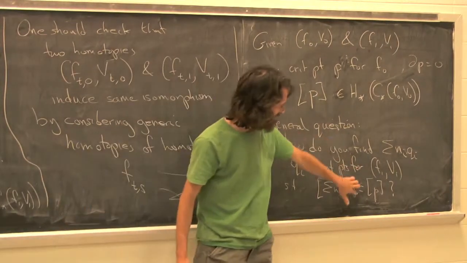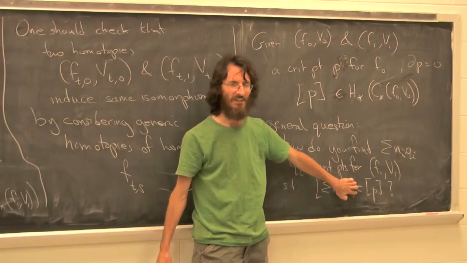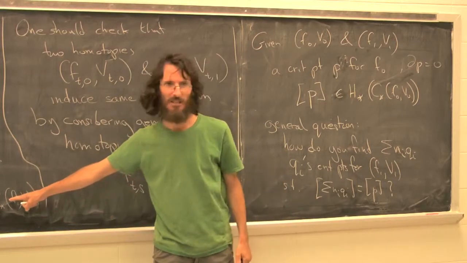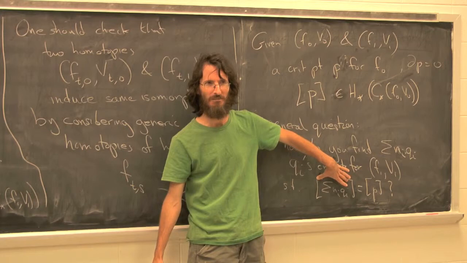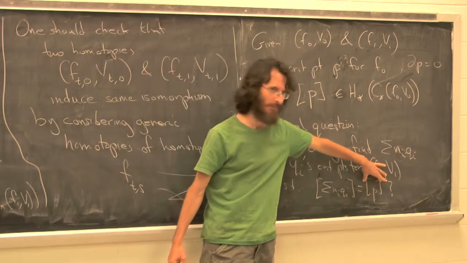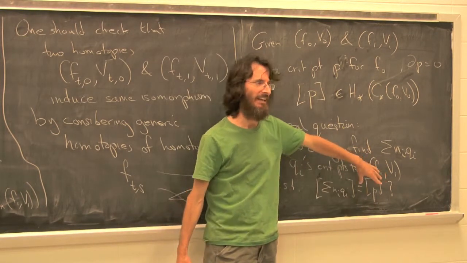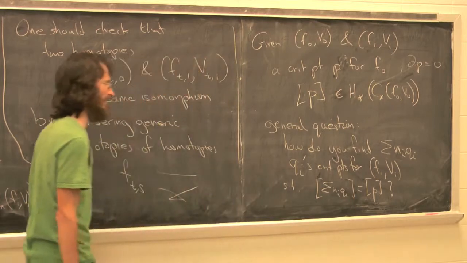But this equals really means under this natural isomorphism, because this is a homology class coming from one chain complex, and this is a homology class coming from a different chain complex. And how do you actually go from one to the other?